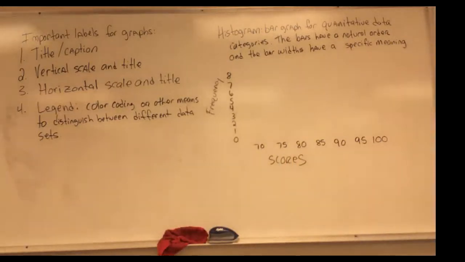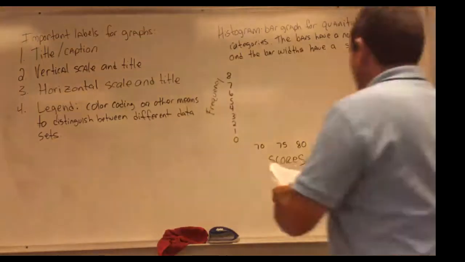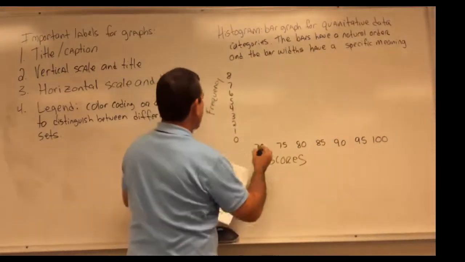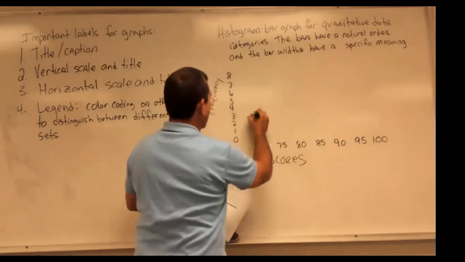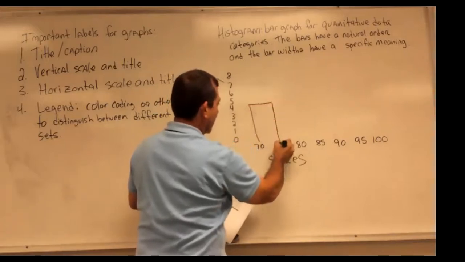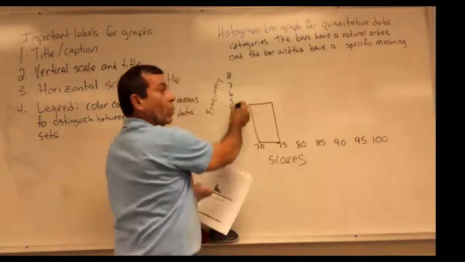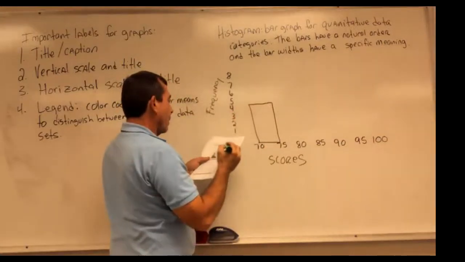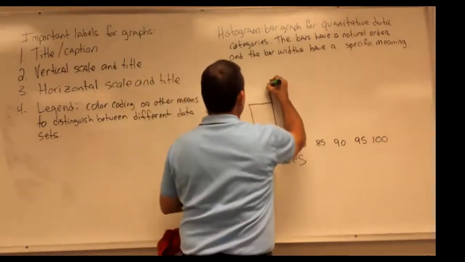So the difference between this and the one I drew a while ago, these ones usually are bars right next to each other, okay? So let's see, I'm going to go up to 4 here, and then it's going to come across and go down. So it's going up to 4. This goes up to 7 from that point.